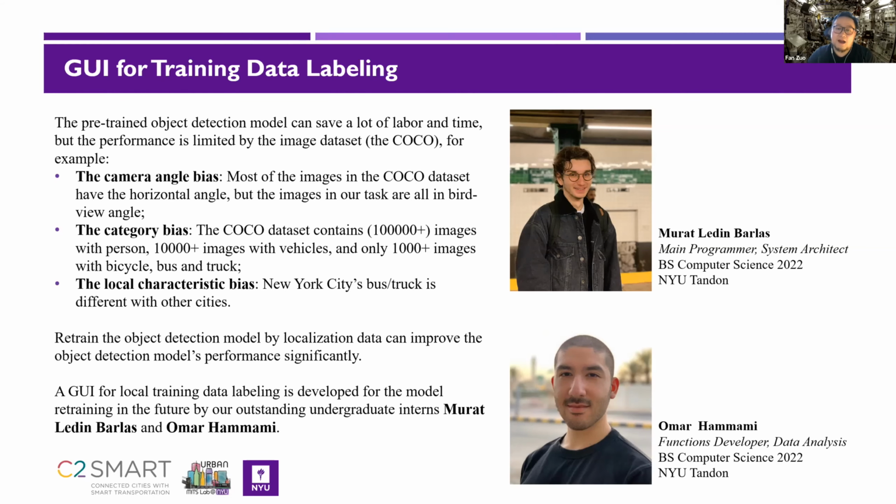The second thing is category bias, because the COCO dataset contains tons of images under the person label, but only about 10,000 images with vehicles and maybe only 1,000 or 2,000 images with bicycles, buses or trucks in the specific categories. So the pre-trained model is biased: it will identify a person far better than a truck or a bicycle.